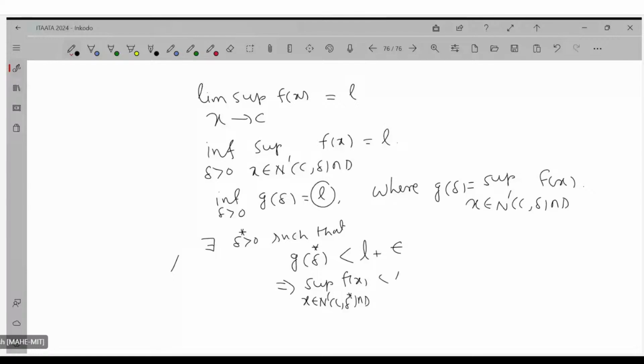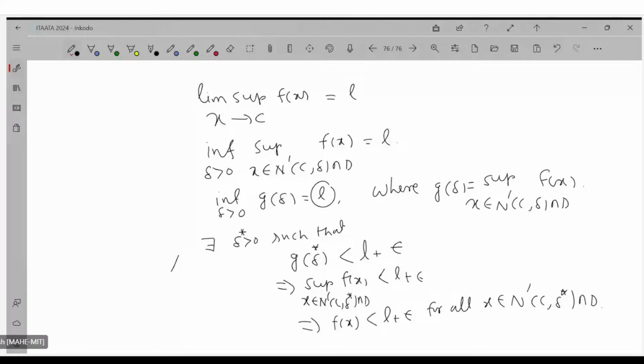If the supremum of the set is less than L plus epsilon, that means all the elements, so this means Fx is less than L plus epsilon for all x belonging to the punctured neighborhood C delta star intersection D. Am I correct? This is by the property of infimum, because L is the infimum.